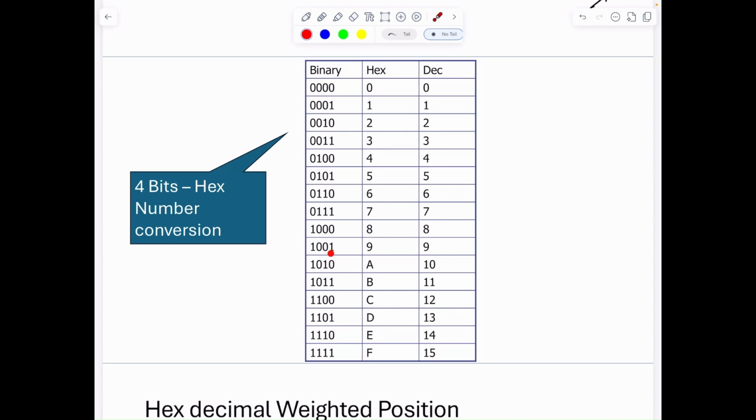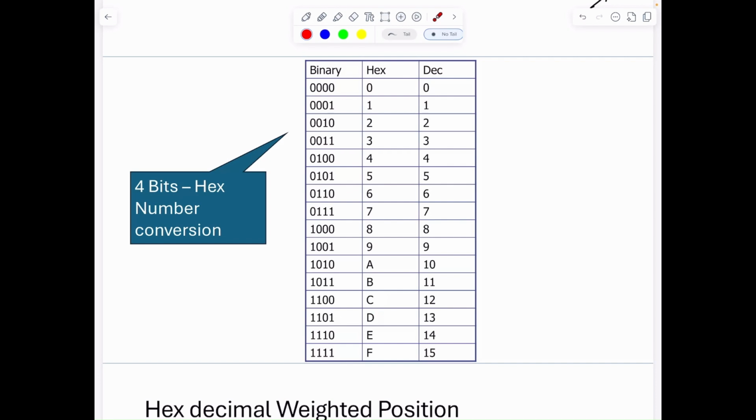That's why we are using the hexadecimal number. Okay. So in this case, we have a table here, right? If all my bits are 0, then my hex is 0 and the decimal value is also 0. Likewise, this is 1, 2, all the way.